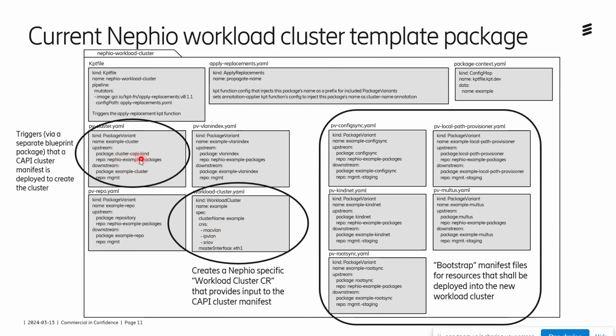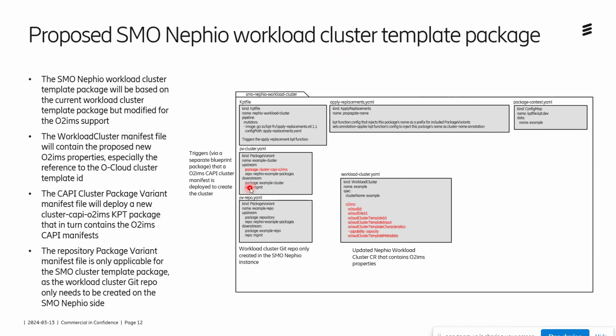Here the thinking I had was that, instead of this cluster copy kind, you would have the cluster copy O2IMS package reference. If we decided to do something else, it would not be copy, but just a cluster O2IMS package. This one would always be here.